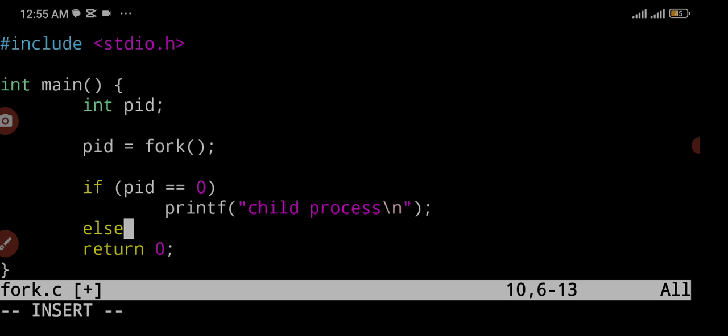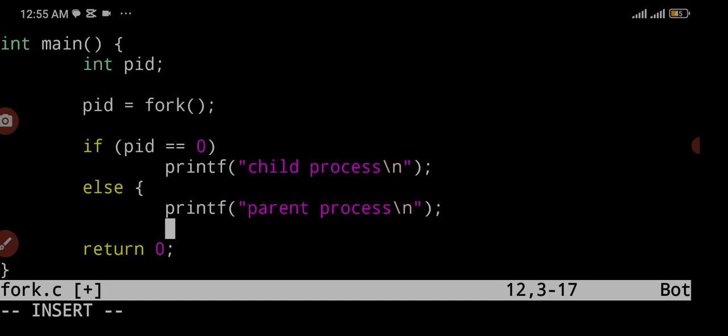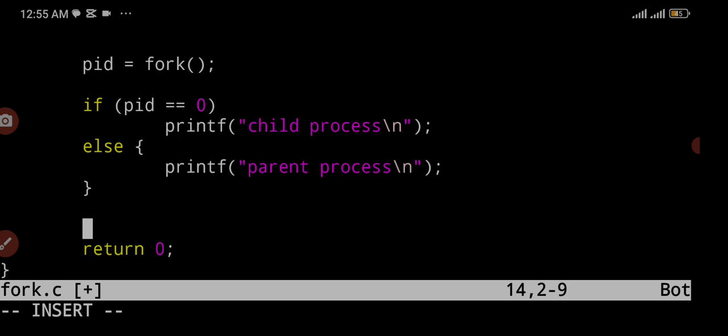So in the else I will print, printf "parent process". Okay, and that is it. All right, so let's finish with this code. So let's compile this code and see if everything works fine.